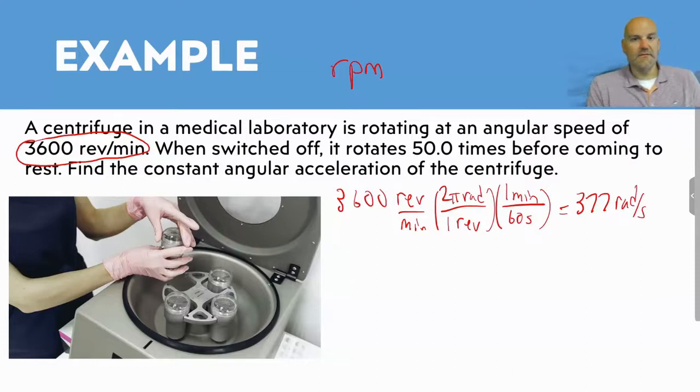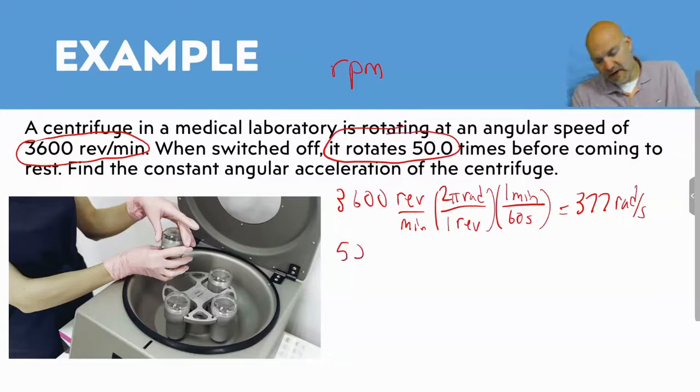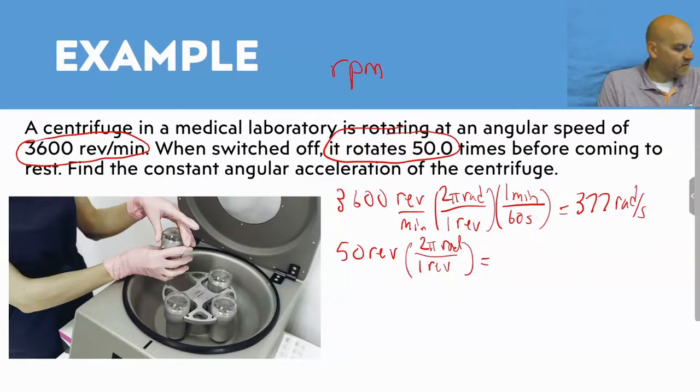Now I have to do one more conversion. It says it rotates 50 times, but again, I need this in radians. So I have 50 revolutions, and 1 revolution is 2 pi radians.